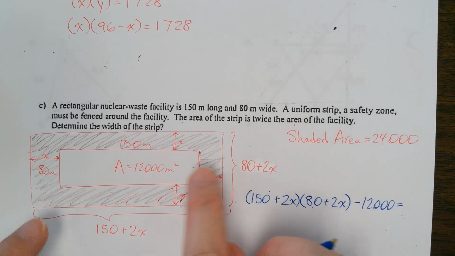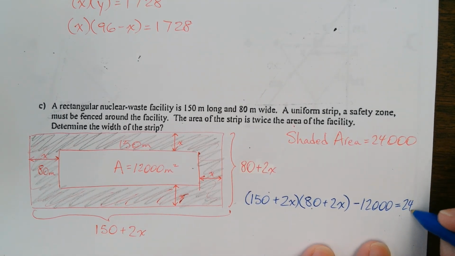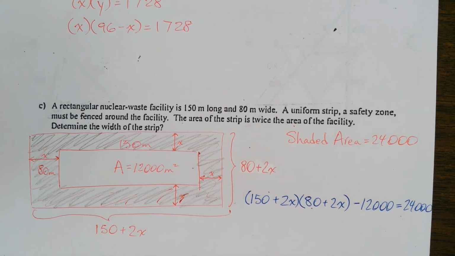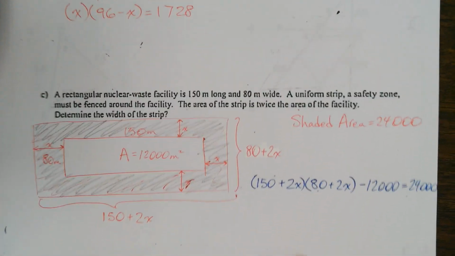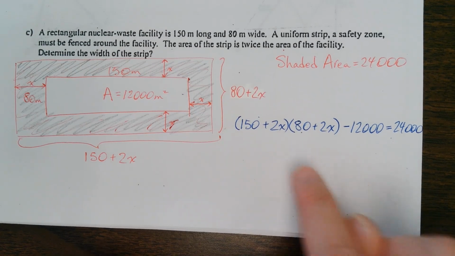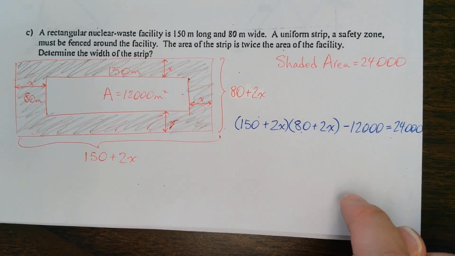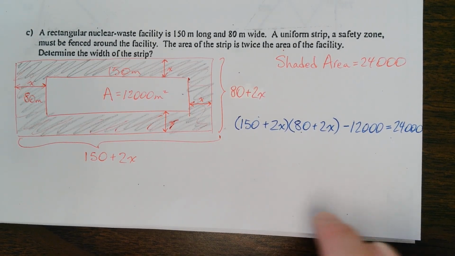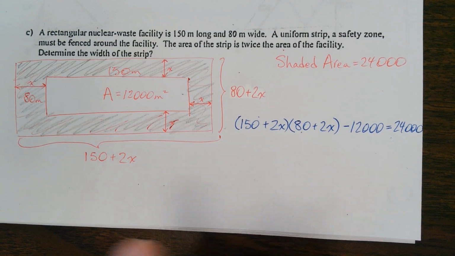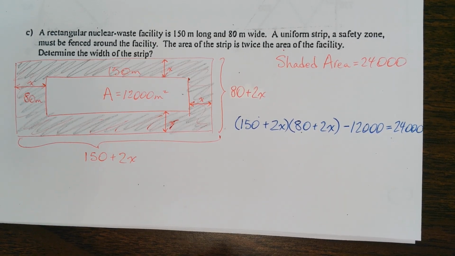And that area would equal the 24,000. Right? And then simplify, expand, simplify again, and then you'll get your quadratic formula. And then to actually solve it, you would either do factoring or quadratic formula.